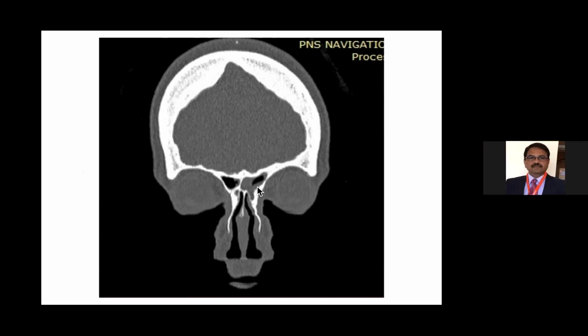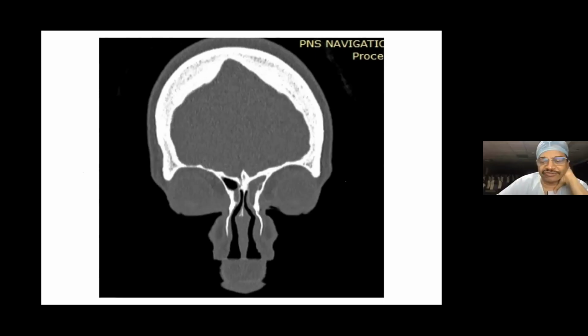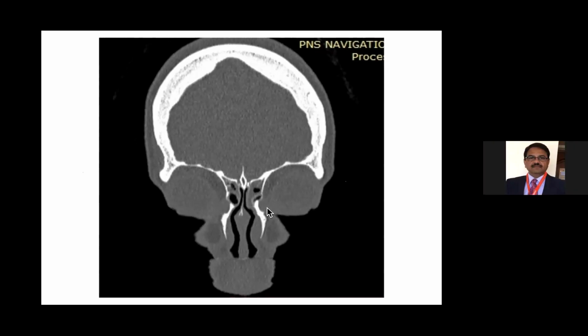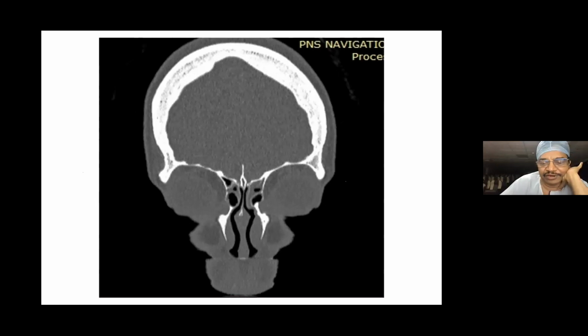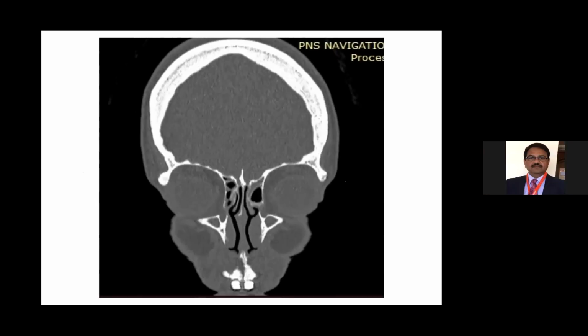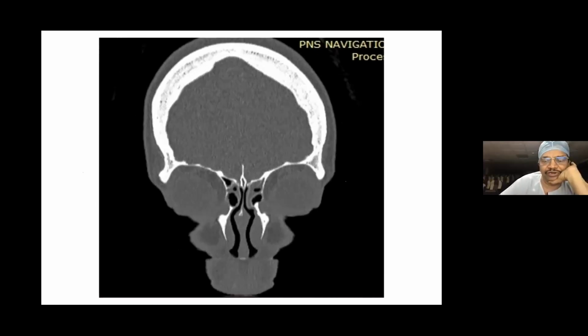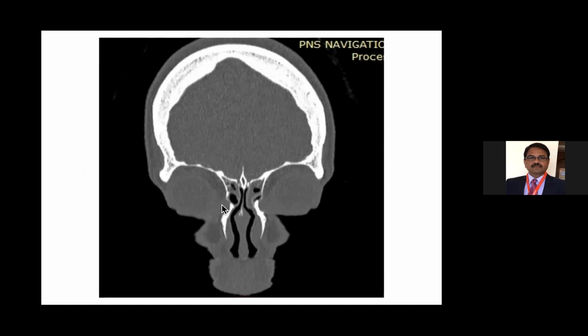The next thing I will look at is the lacrimal sac. How to identify the lacrimal sac? This is the inferior turbinate beginning, and you see the nasolacrimal duct. Follow that anteriorly, and you enter into the lacrimal sac.